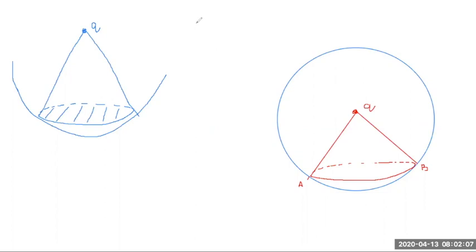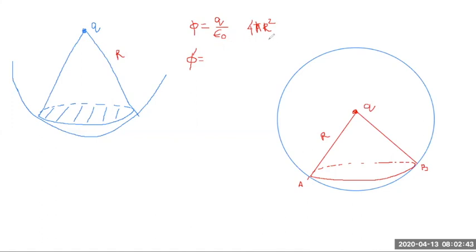So total flux phi equals Q by epsilon naught, through the surface area 4 pi capital R squared, where R is the slant height of the cone or radius of the sphere.